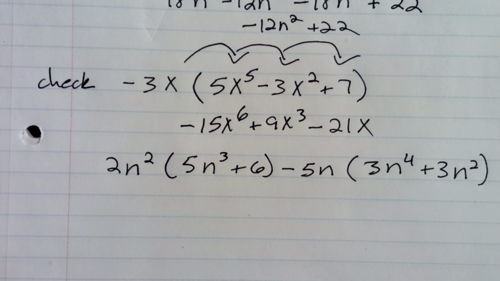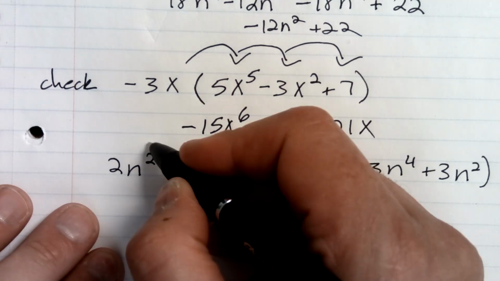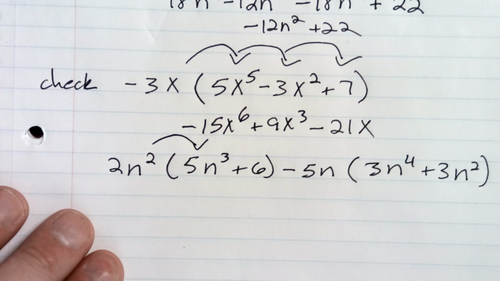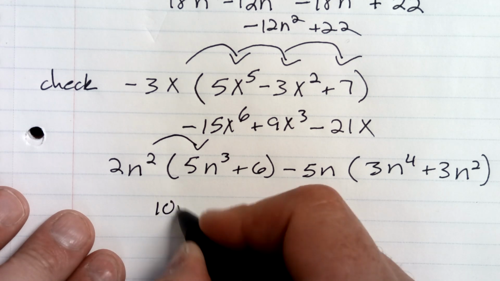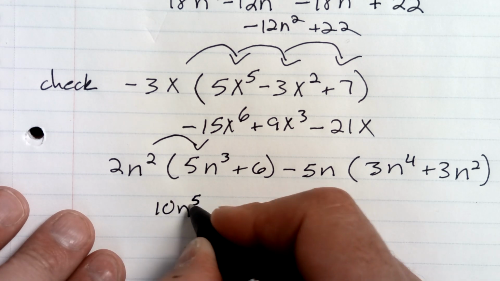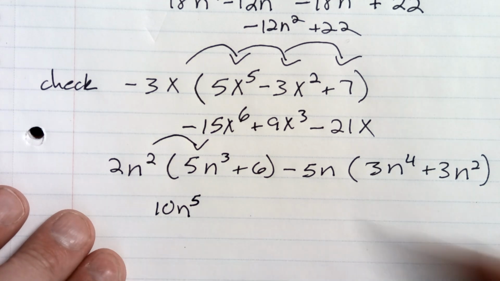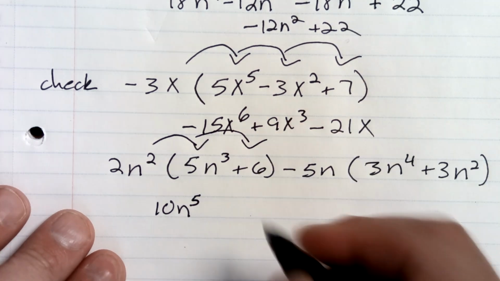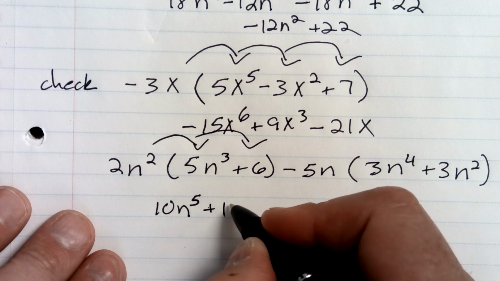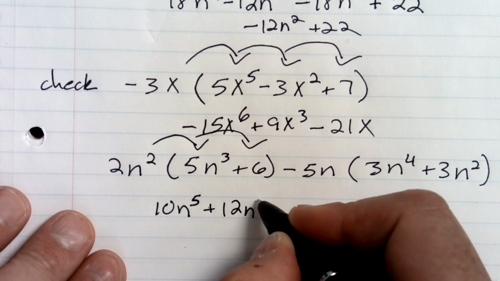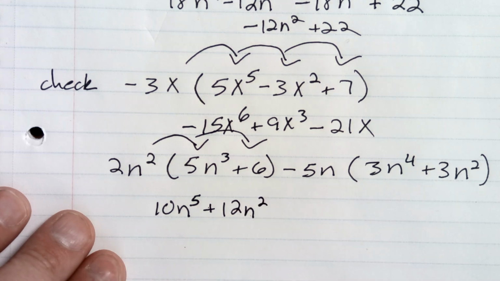All right, about 30 more seconds and we're going to try it. All right, Landon, are you almost done with the first one? Yeah. All right, Landon, help me with the second one. 2n squared times 5n cubed is? 10n to the 4th? Well, there's 3 here plus 2 here, so there's 5. 2n squared times 6 is? 12n squared.